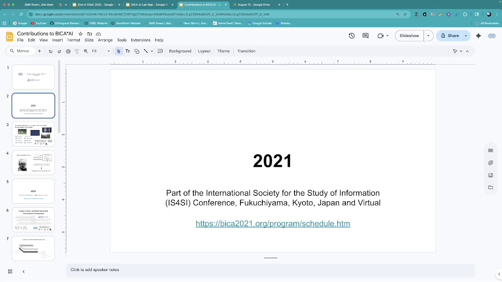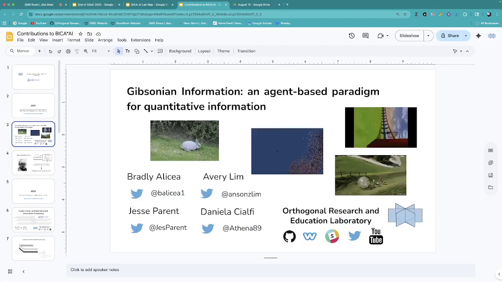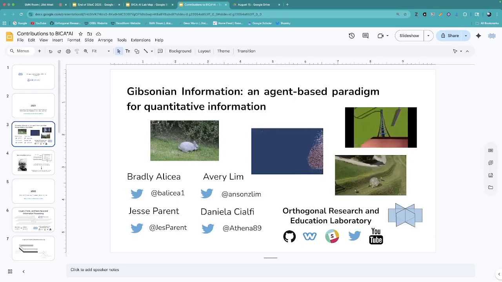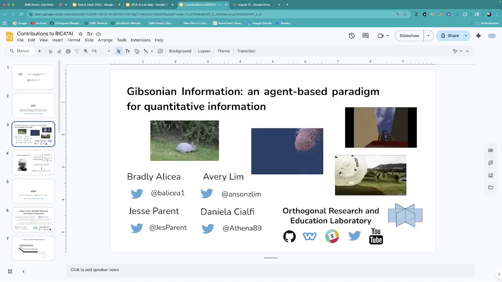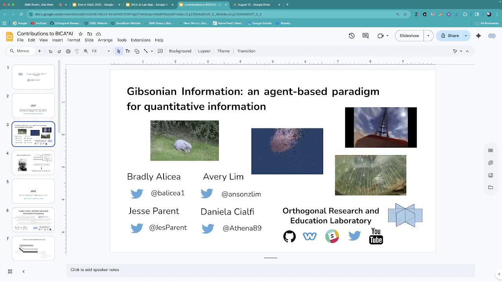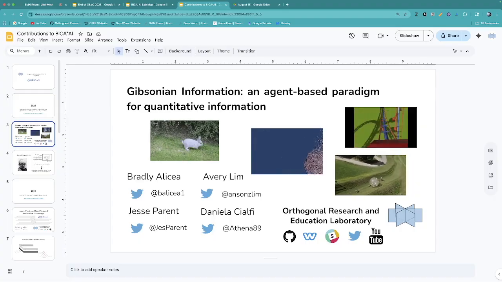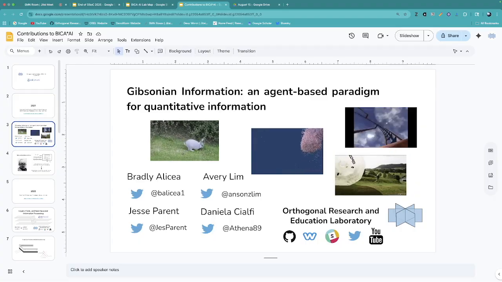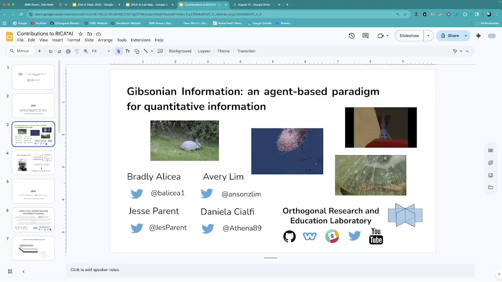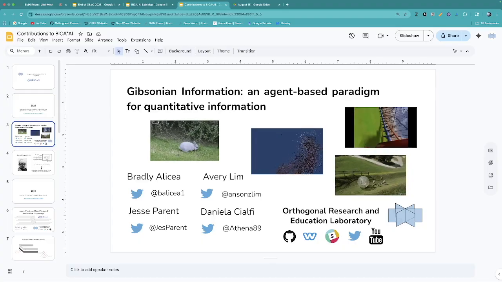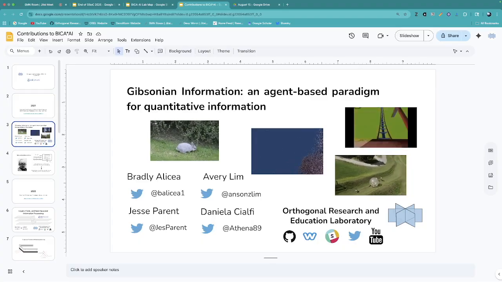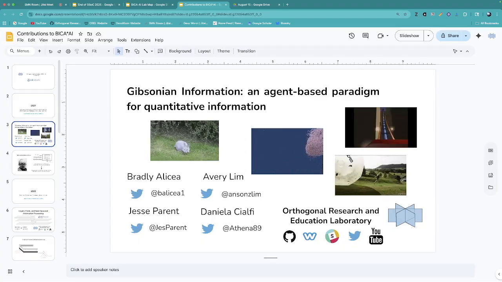And we presented on Gibsonian information. We did this presentation, and of course, every year we've participated, we've also published a conference paper on the topic. So I'm going to have a list of papers on the Representational Brains and Phenotypes website that go over this.